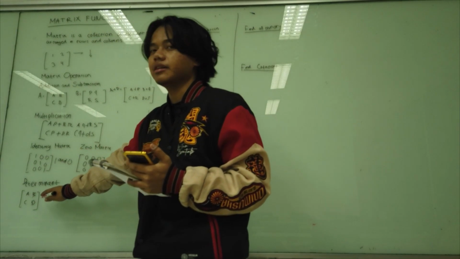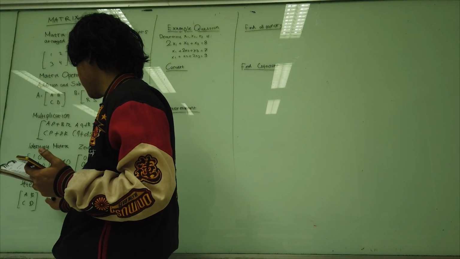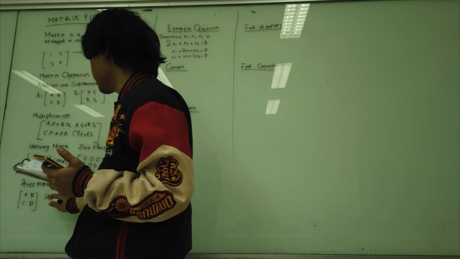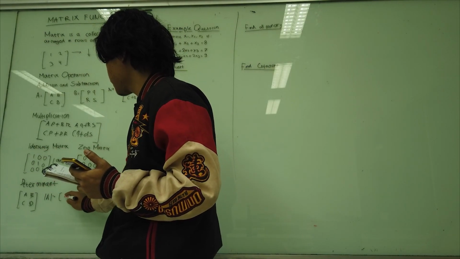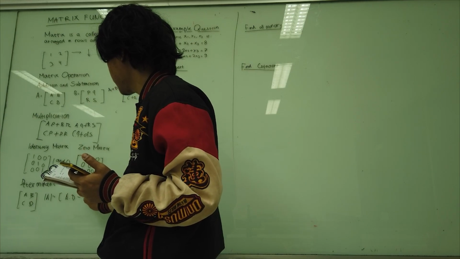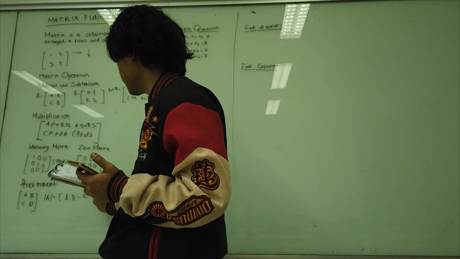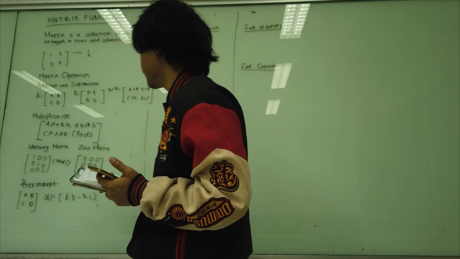So for this matrix, this is the determinant symbol, and we do A times D minus B times C. So here's the function.